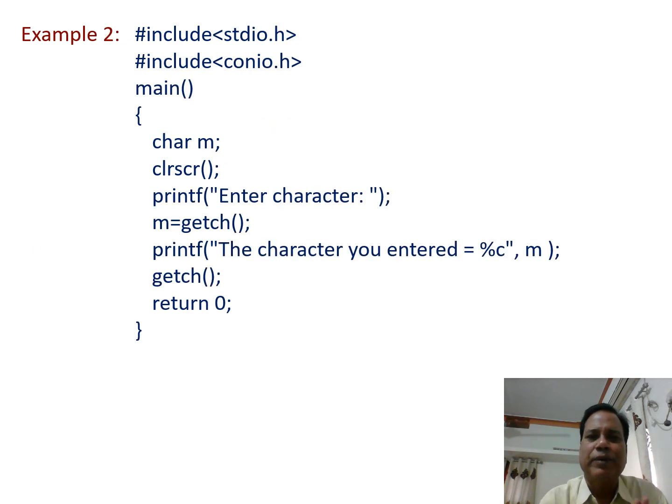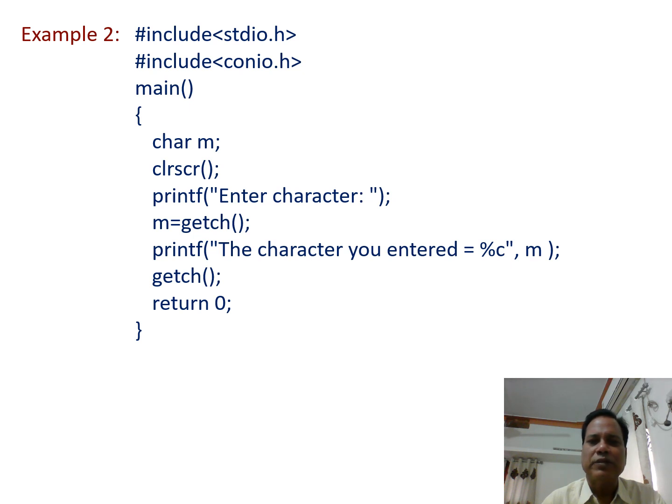Now let us see another example. In this example, we are including two header files. In the standard input output header file, some standard functions are defined and declared, and some functions that we are using in our code are defined and declared in the conio.h header file, like clrscr() as well as getch, which are declared in the second header file called conio.h, whereas the printf function is defined in the standard input output header file.